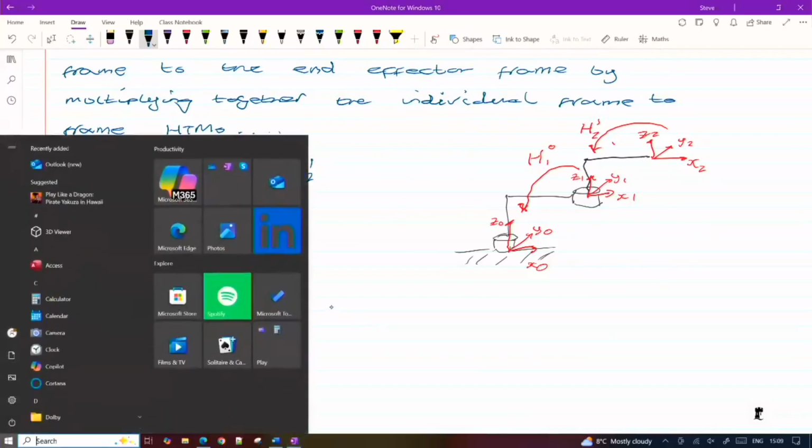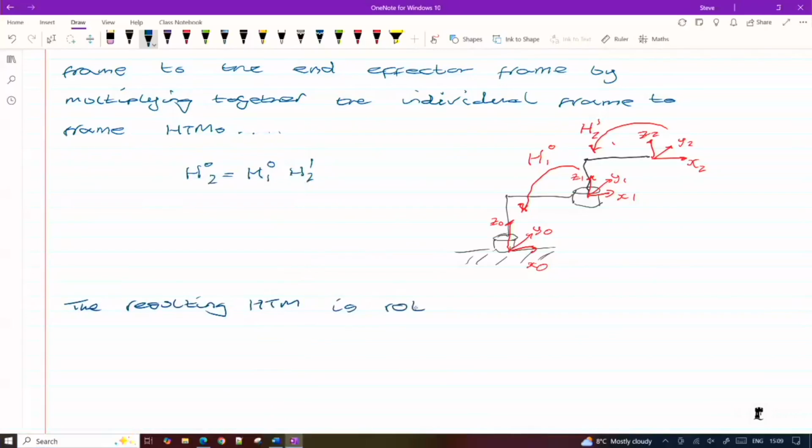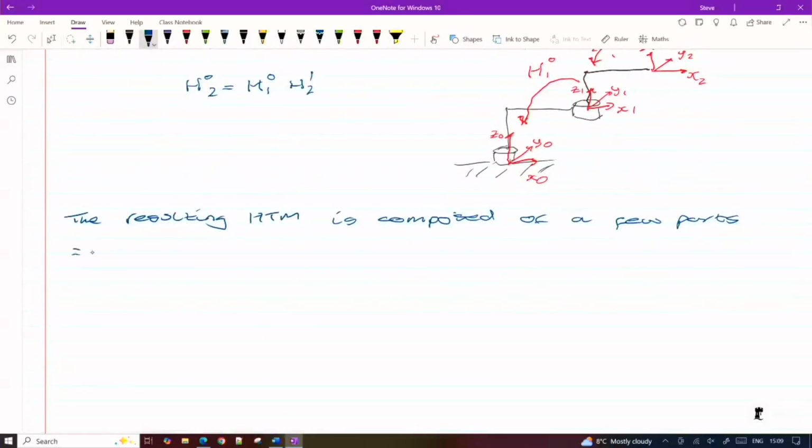Hopefully you recall that the final HTM, the final homogeneous transformation matrix, is composed of a few parts. And they are a rotational element and a translation.